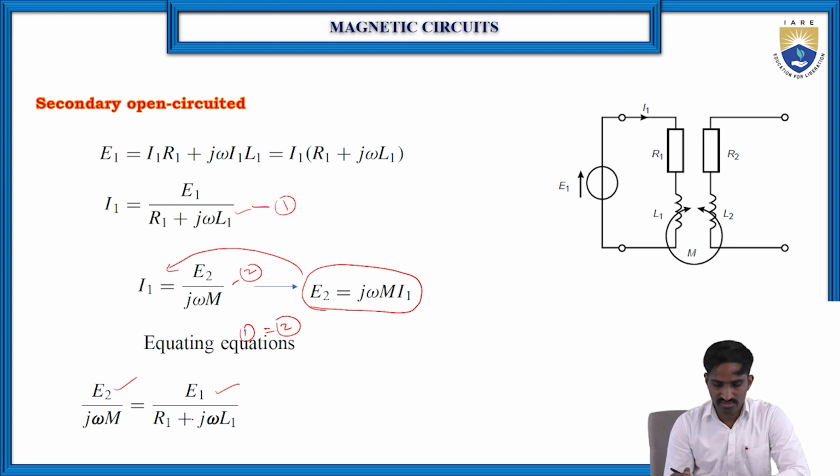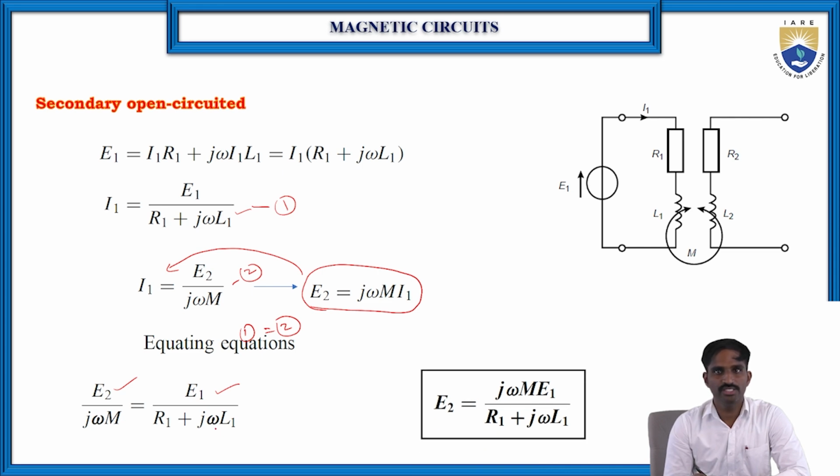So if you simplify this, then you will get the E2 value. E2 is equal to j omega M E1 by R1 plus j omega L1. So the voltage across the secondary winding does not only depend on I1. In the previous cases, only if you know the I1 value can we find E2.